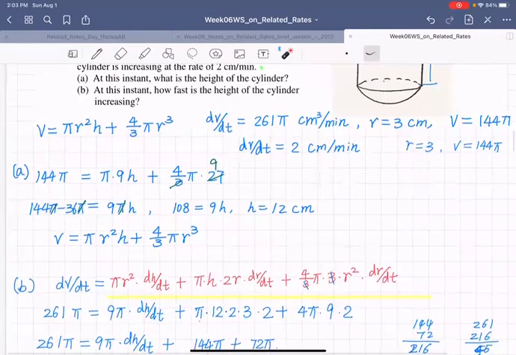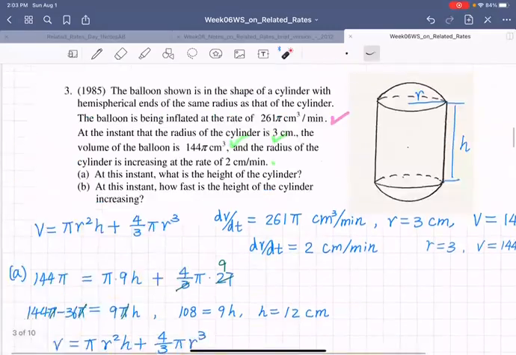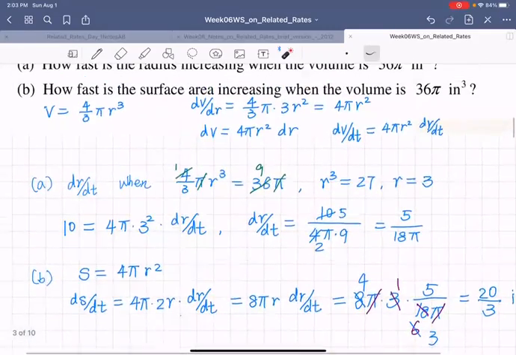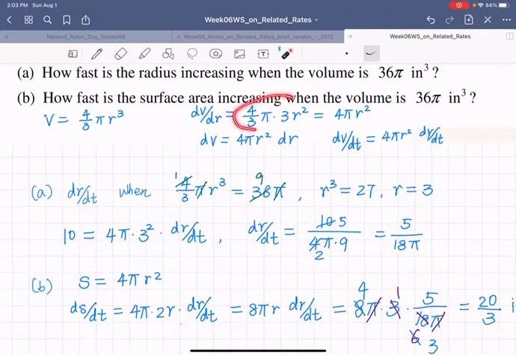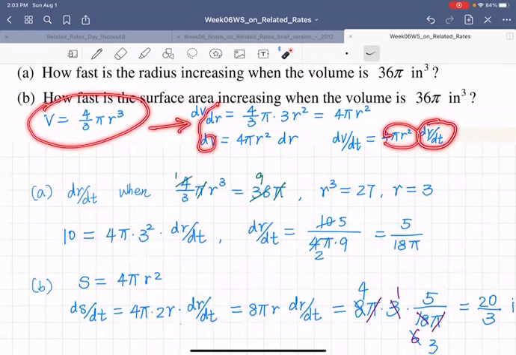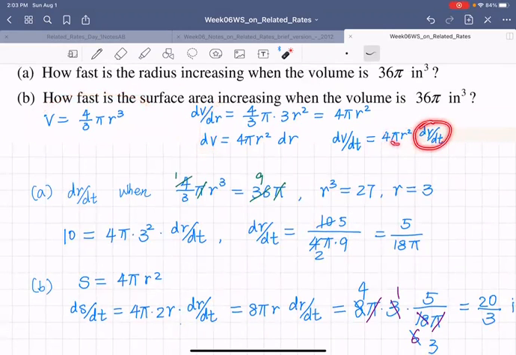But the problem is, in the previous example, we just had one variable. We had no problem changing this to dV over dt equals something times dr over dt.